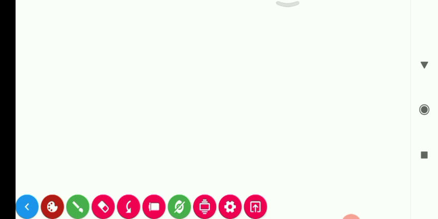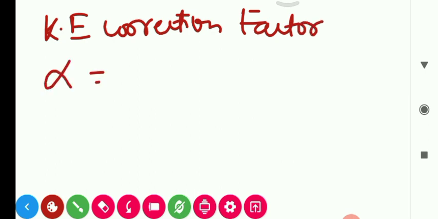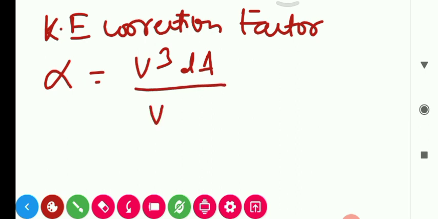Alpha will be the integral of v cubed dA upon v cubed A, with suitable integration limits. What was v? We just derived it.